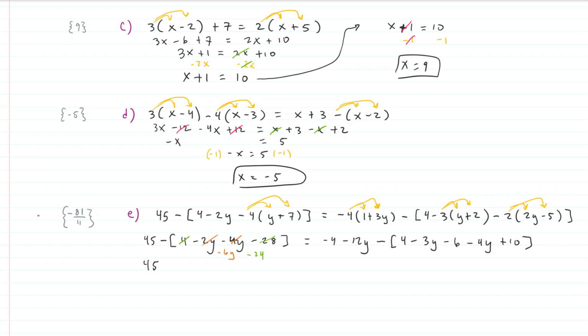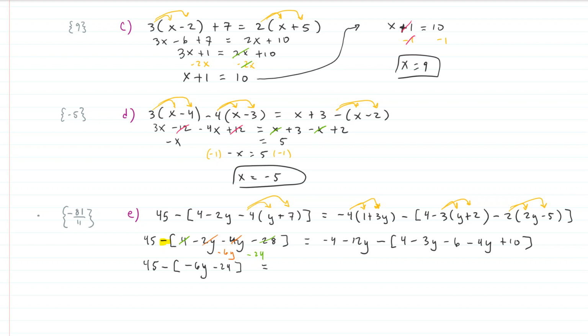So down below, we have 45. Oh, we've got a negative outside. You guys see this negative? That needs to be distributed through each of these. But we'll do that in a second. So we have negative bracket, negative 6y minus 24, close bracket.